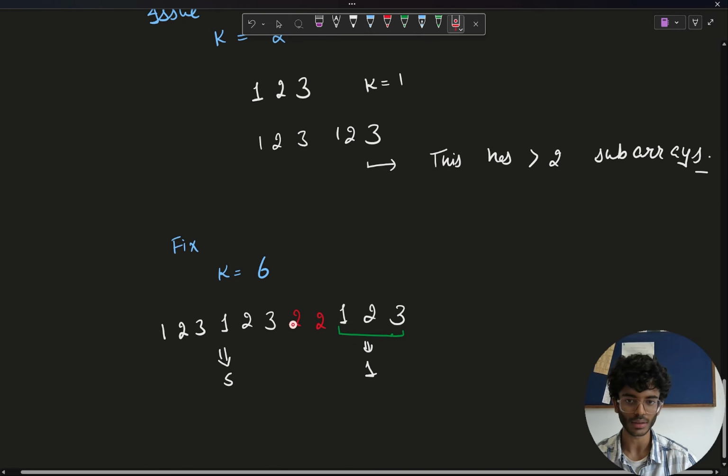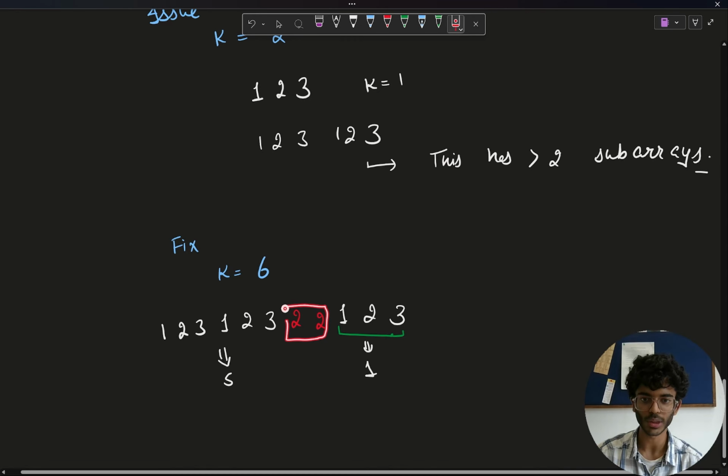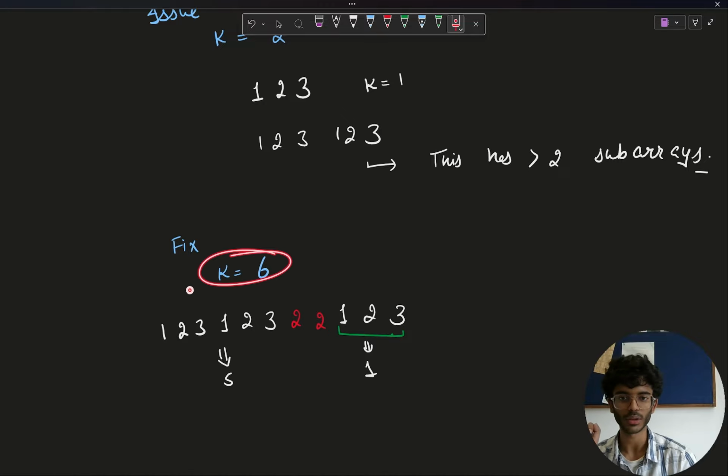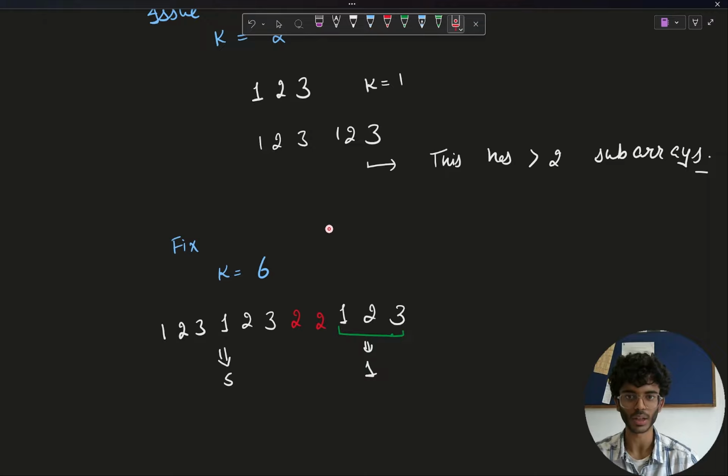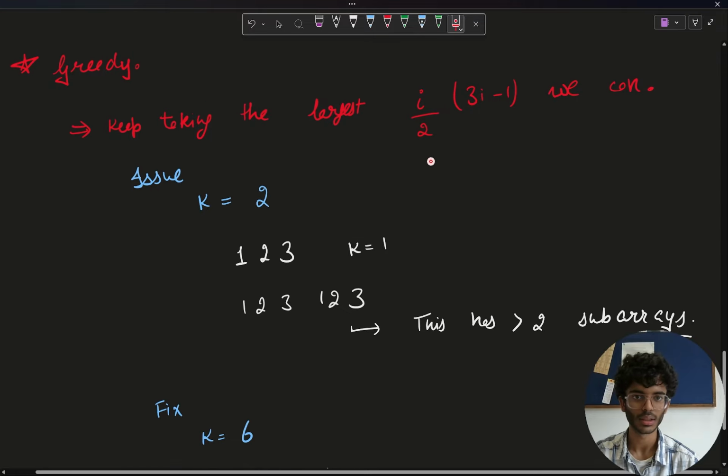So it turns out that one possible workaround is we place two twos in between. So let's say our k was equal to 6. We'll take the largest sum possible. For i equal to 2, we can have 5 subarrays, that is 2 by 2 into 6 minus 1, so it turns out to be 5.